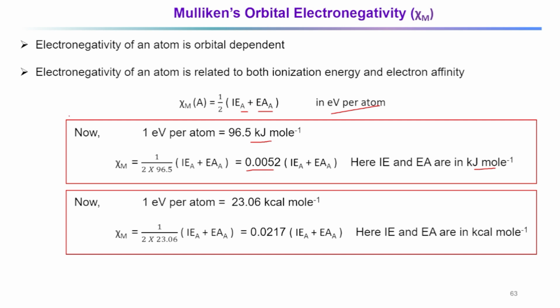Similarly, you can convert this formula to kilocalorie per mole by dividing by the factor 23.06. If you divide it, you will get chi m equal to 0.0217 times (ionization energy of A plus electron affinity of A). So here ionization energy and electron affinity are in kilocalorie per mole.